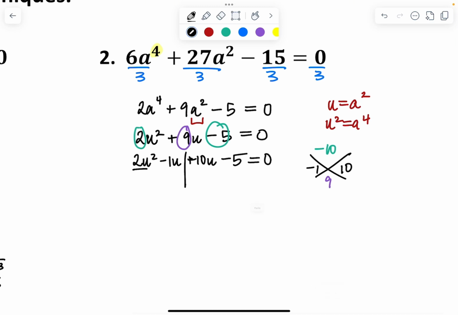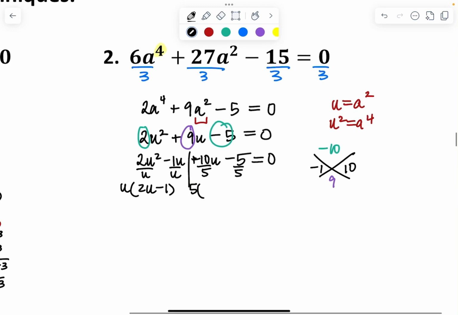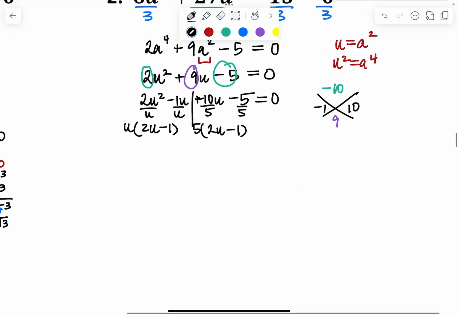And so out of the first pair, we can divide both by a u, leaving 2u minus 1. Out of the second pair, we can divide both by a 5, leaving 2u minus 1. The 2u minus 1 matches, so that's one of our factors. Then the other factor comes from the u, and that's a positive 5, and so u plus 5.